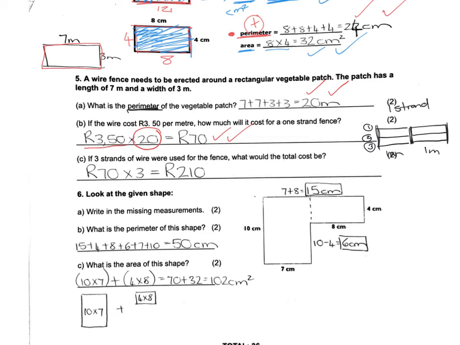That means I need to take my price and times it by 3, because I need 3 times as much. Or you could have taken 70 and plus 2 more 70s to it. That would have been your price. Or you could have said 70 times 3, because there's 3 strands, and I know that 1 strand costs 70 Rand. So if you had your initial one wrong, you'd have the second one wrong as well.